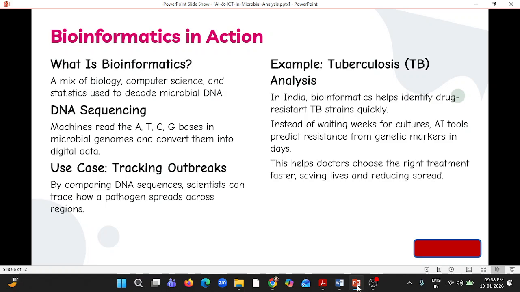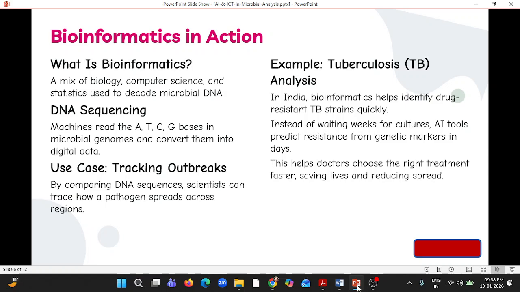For example, in India, bioinformatics helps in identifying drug-resistant tuberculosis strains very quickly. AI-based bioinformatic tools predict drug resistance within days by detecting specific genetic markers.